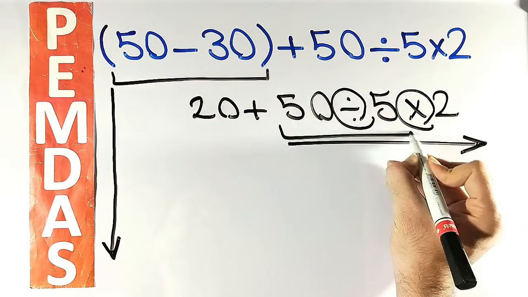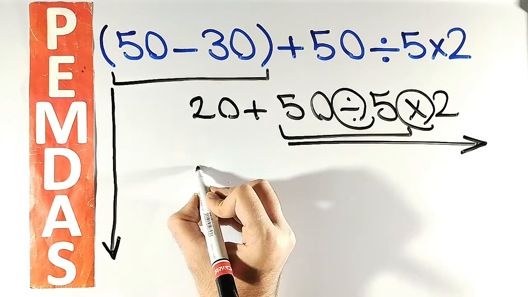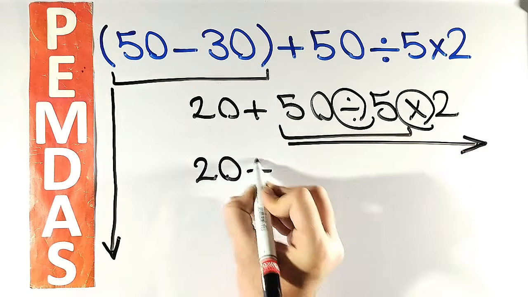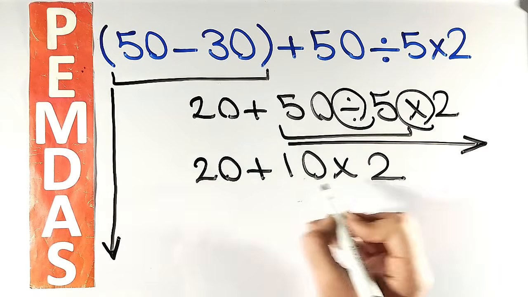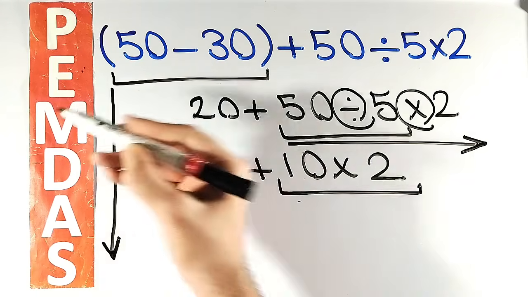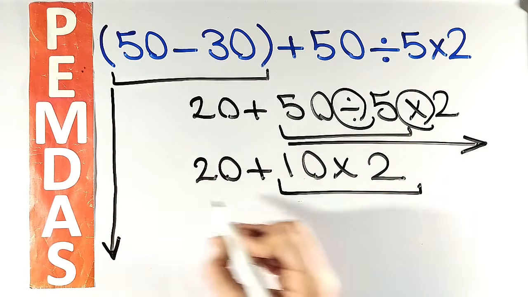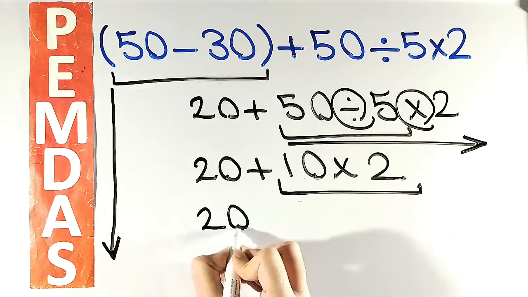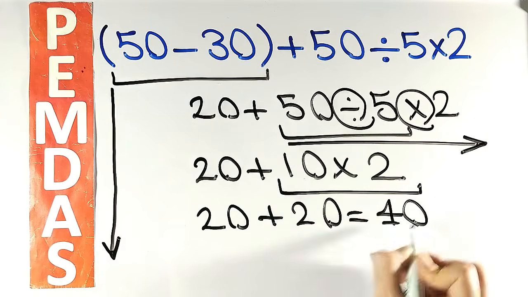So, first we go for the division between 50 and 5, and instead of this expression, we can write 20 plus 10 multiplied by 2. In the final step, we go for the multiplication between 10 and 2, because multiplication has a higher priority than addition. So, we rewrite this expression as 20 plus 20, which finally gives us the answer 40.